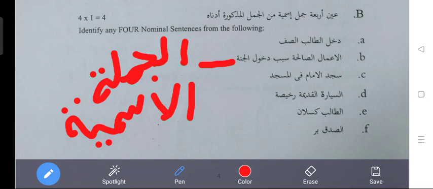What does it mean? It means this is a nominal sentence. Al-jumla al-ismiya means nominal sentence, showing the examiner that this is a nominal sentence. Got it?